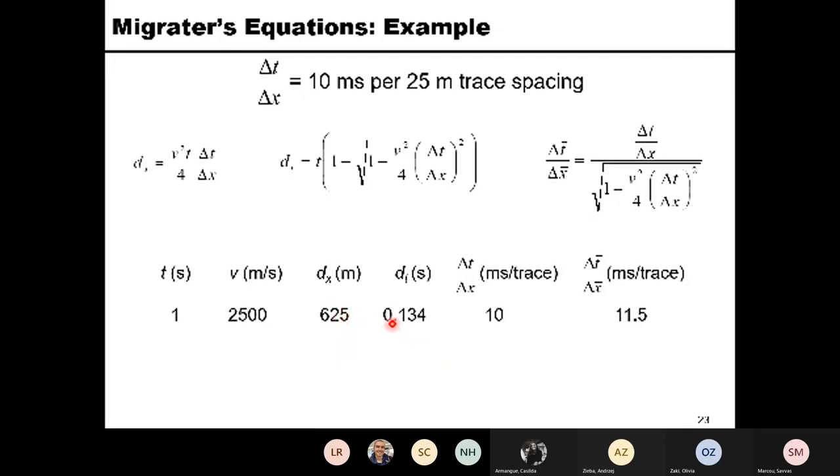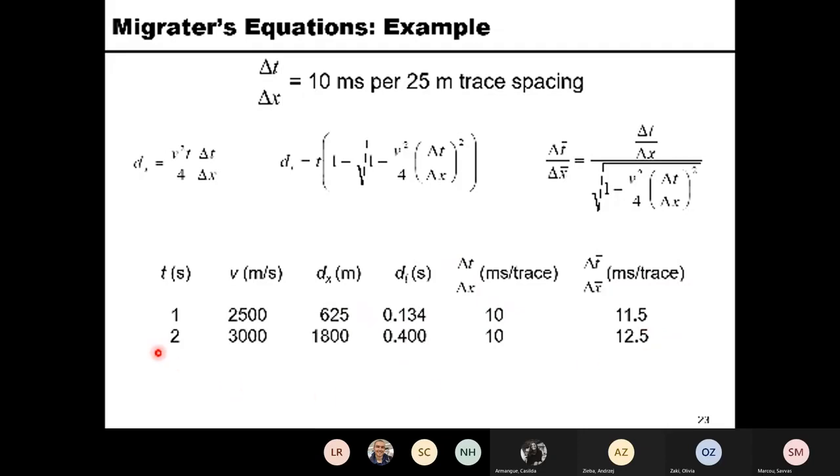And vertically it also shifts quite long, more than 100 milliseconds, 134. The dipping angle in your seismic data was 10 milliseconds per trace, but after calculation you can see now it's 11.5. It's slightly deeper, right?